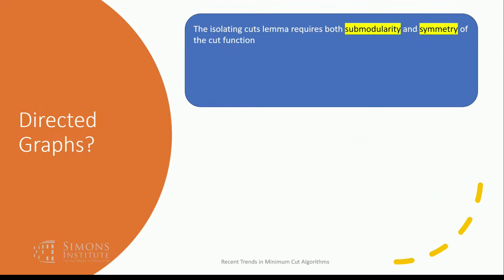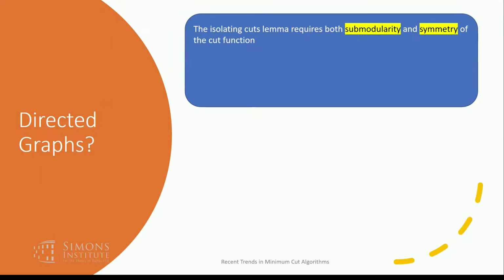So in the final slide, I want to discuss future directions for min-cut problems. And the most interesting direction is directed graphs. The first natural step we tried was generalizing isolating cuts to directed graphs. But unfortunately, there is one issue: if you look at the proof of why the isolating cuts lemma works, it requires both submodularity and symmetry of the cut function. For directed graphs, we have submodularity, but we do not have symmetry.